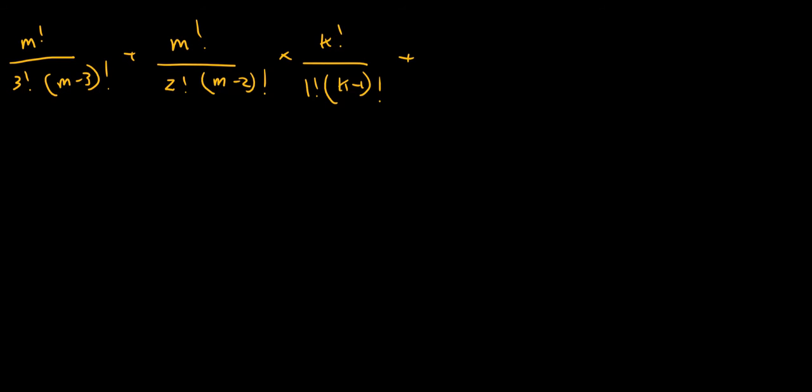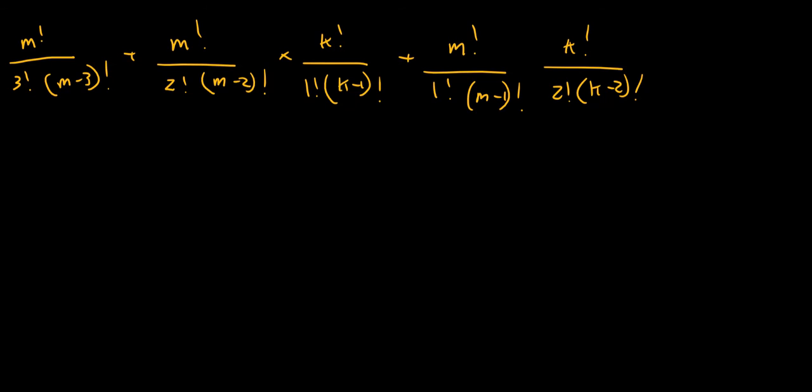The next one, we've got M factorial all over 2 factorial M minus 2 factorial multiplied by K factorial all over 1 factorial K minus 1 factorial, plus M factorial over 1 factorial M minus 1 factorial multiplied by K factorial all over 2 factorial K subtract 2 factorial, and then on the end we've got K factorial over 3 factorial and K subtract 3 factorial.